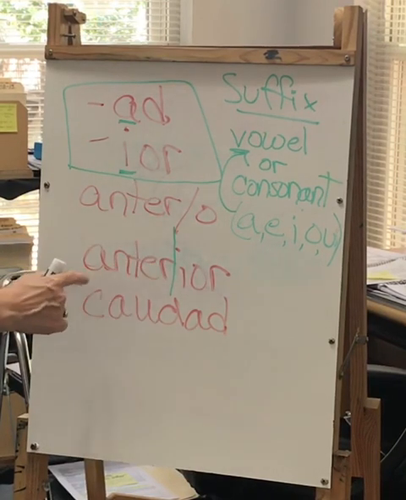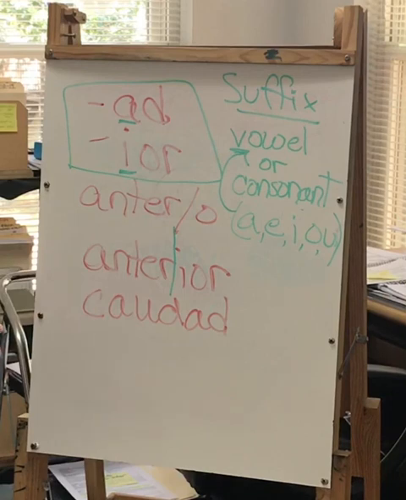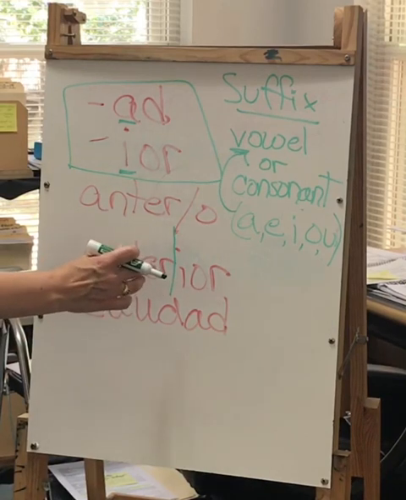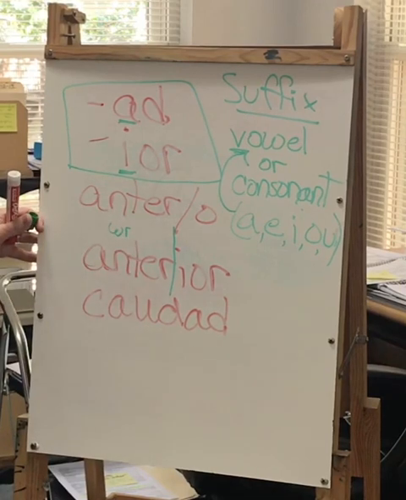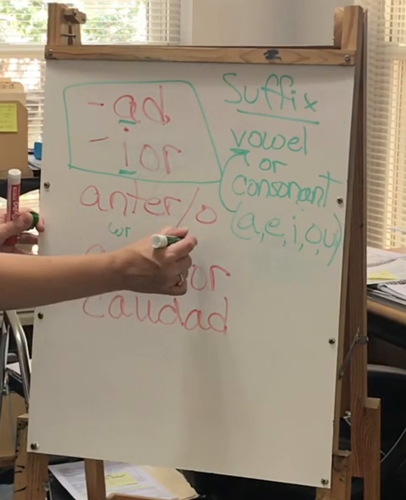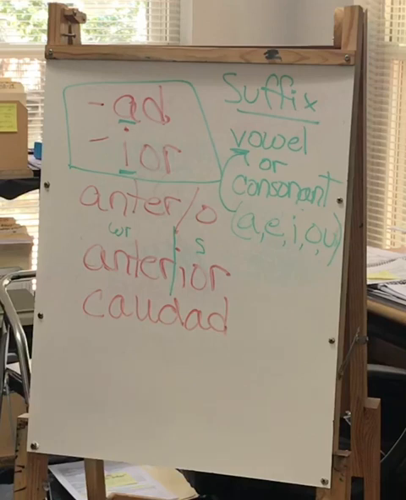So when I label this, and that's all I have to do, there's my slash. When I label it, I label anter is my word root, WR. IOR is my suffix with an S, and that's it. If I don't use a combining vowel, I don't have a combining form. So this is right, exactly the way it is.